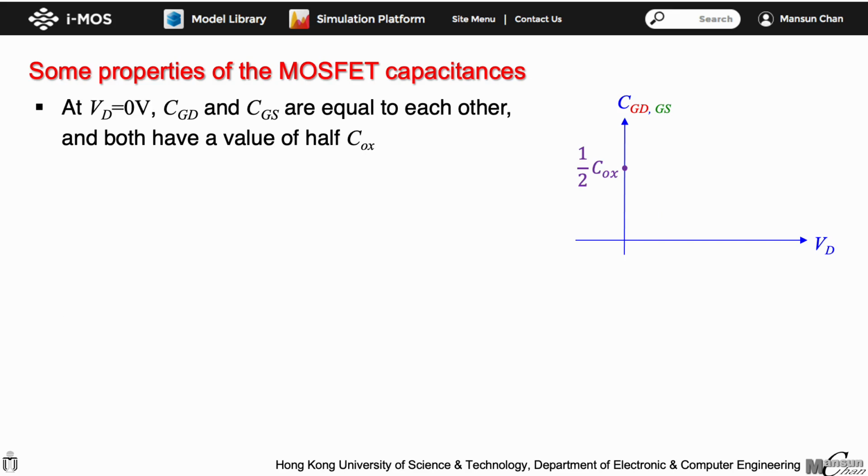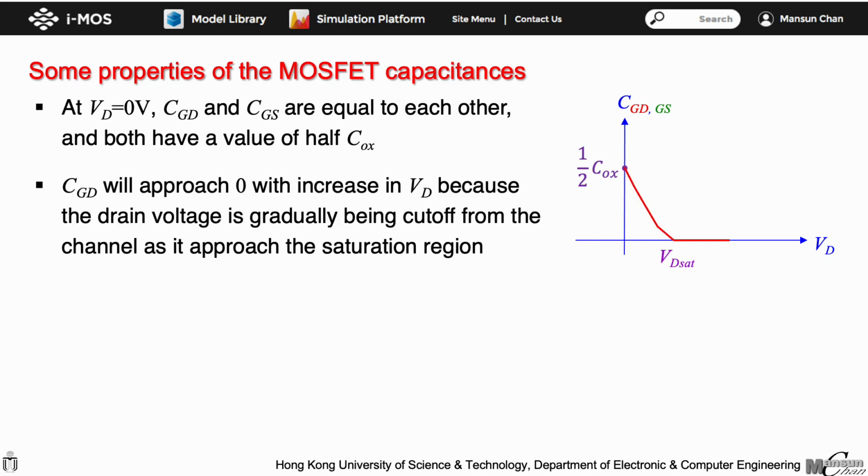When we look at CGD and CGS with respect to the drain voltage, they both start from half Cox at VD equal to 0, because the source and drain are symmetrical. When VD increases, the drain terminal is gradually cut off from the channel, and CGD will approach 0 when VD equals VD set.